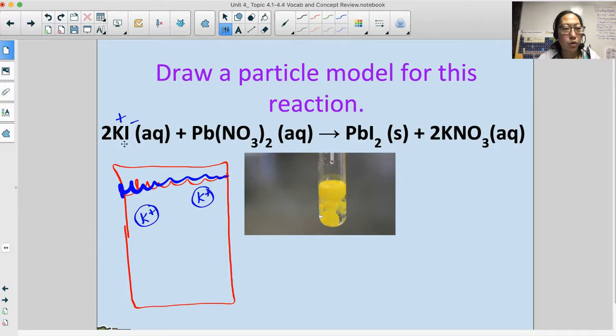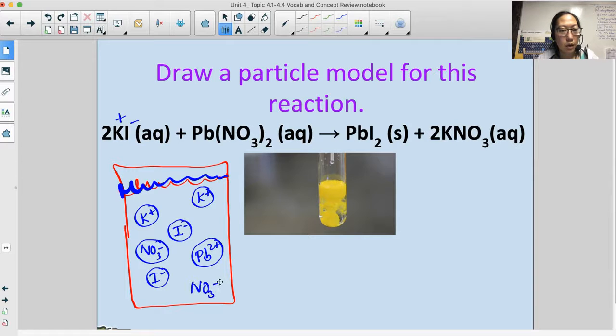I also have 2 I minuses. So let me draw that as I minus, and these are floating around in solution. There's ion-dipole forces around them. Here we have 1 formula unit of Pb(NO3)2, so I need a Pb2 plus ion and 2 NO3 minus ions. All right, so that's our particle model of the reactants.